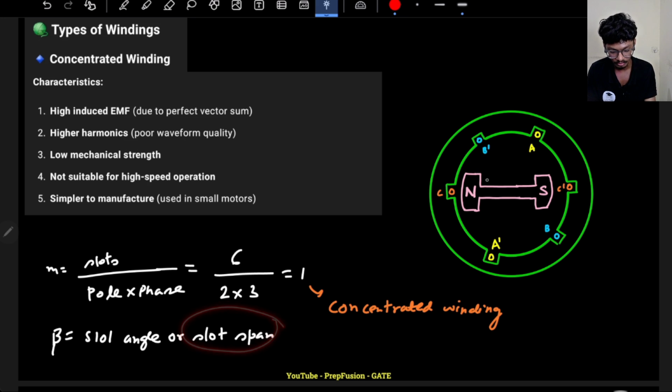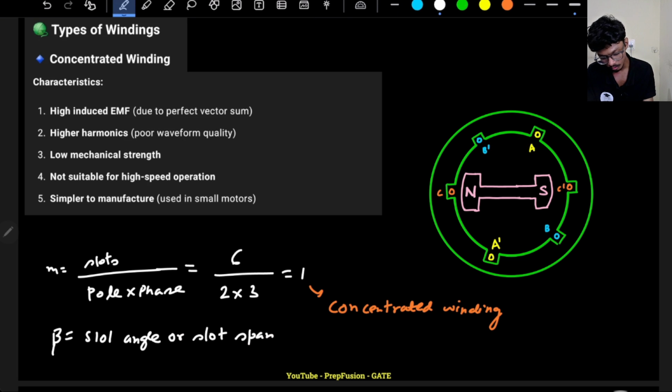Slot span means the angular displacement between each slot, right? I don't know what the angular displacement between each slot is, but I do know that the angular displacement between each pole is pi electrical radian.